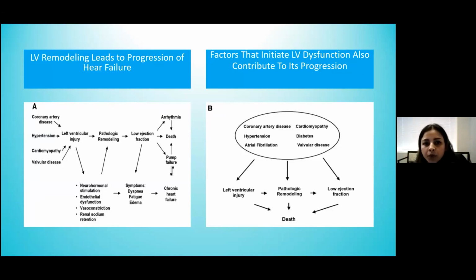However, more and more we are realizing that the factors that initiate LV dysfunction, meaning coronary artery disease, hypertension, AFib, diabetes, valvular disease, are as much responsible for leading to heart failure as LV dysfunction itself.